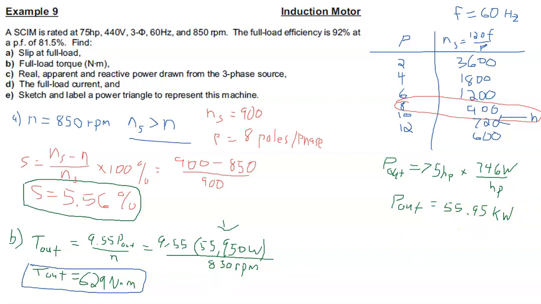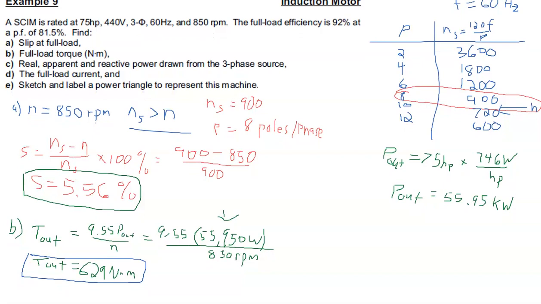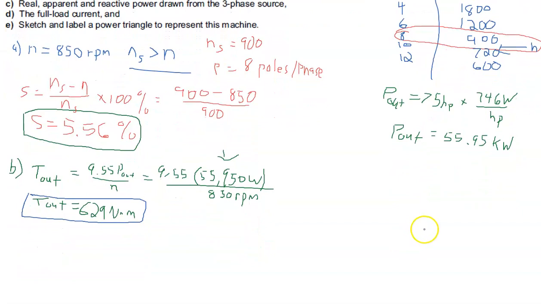Okay, now the next part asks us for real, apparent, and reactive power drawn from the three-phase source. Of course that's input, and in order for us to come up with that number, we've got to think about our given information. So for part C, we'll start off by saying that we have a power out value.